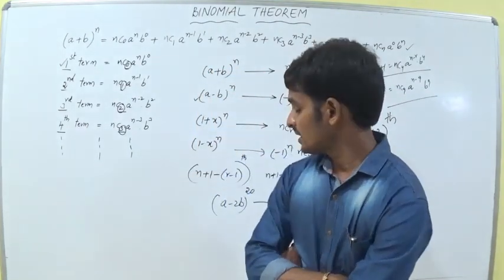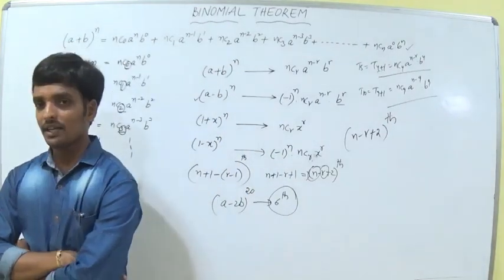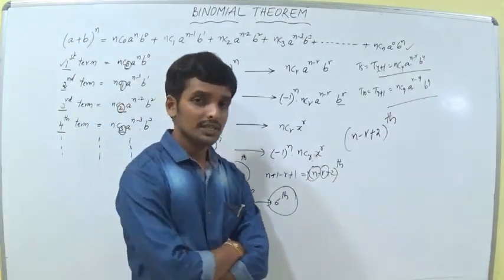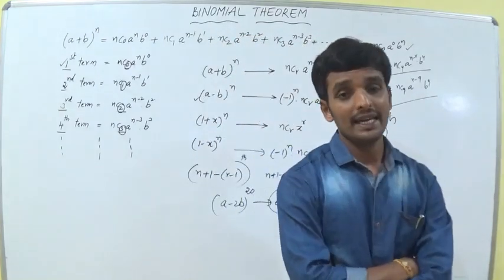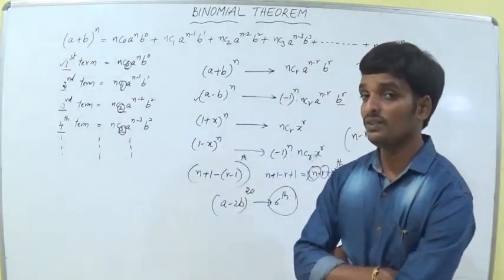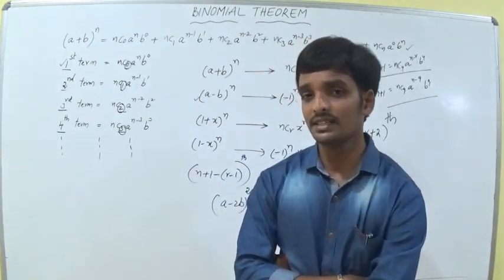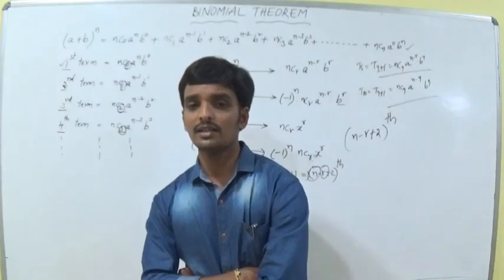For example, if they are asking for the fifth term from back, the seventh term from back, or the eighth term from back, we can find which term to find. Is this the fifth term? Is this the ninth term? Is this the 10th term? Or the 12th term?